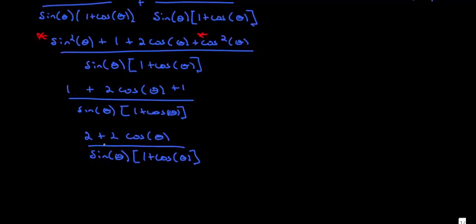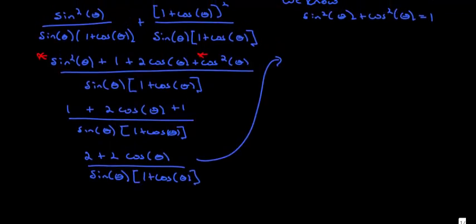And now I'm going to factor a 2 out. The reason I'm going to do that is because if I look on the bottom, I have a 1 plus cosine, and this thing is so close to 1 plus cosine. So for sake of room, let's put this up here. I'm going to factor out a 2, and I'm going to be left with 1 plus the cosine of theta.